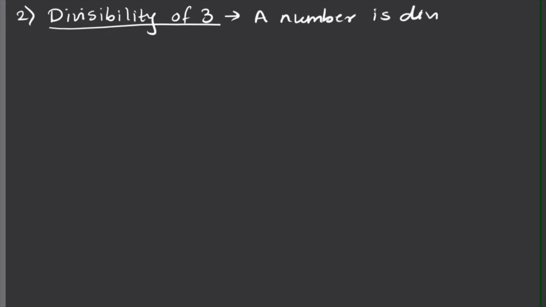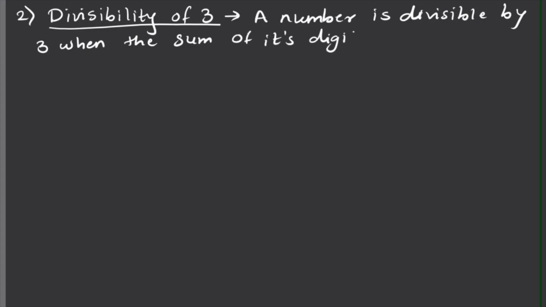A number is divisible by 3 when the sum of its digits is divisible by 3.